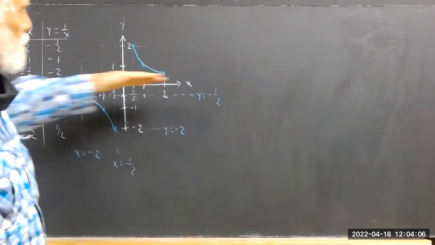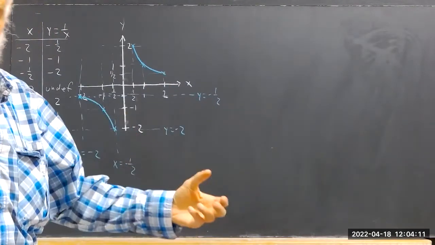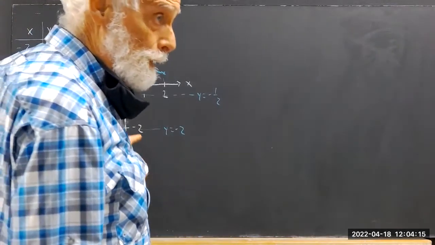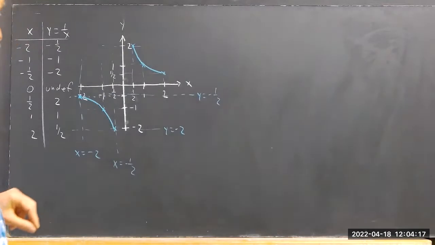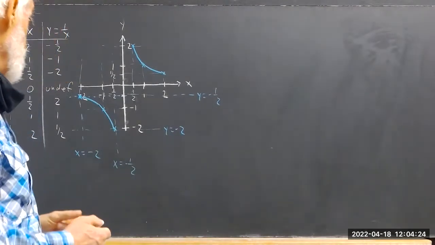And the asymptotes this way come about because of what happens when you divide by big numbers, which gives you small results. We don't need to worry about that right now. We're not going to worry about that in this course. We'll worry about it quite a bit in pre-calculus, whichever pre-calculus course you take.